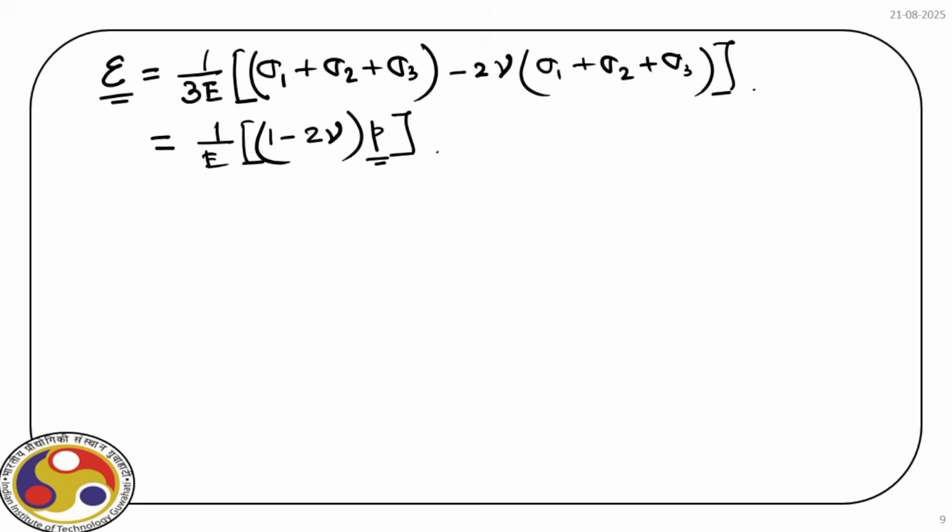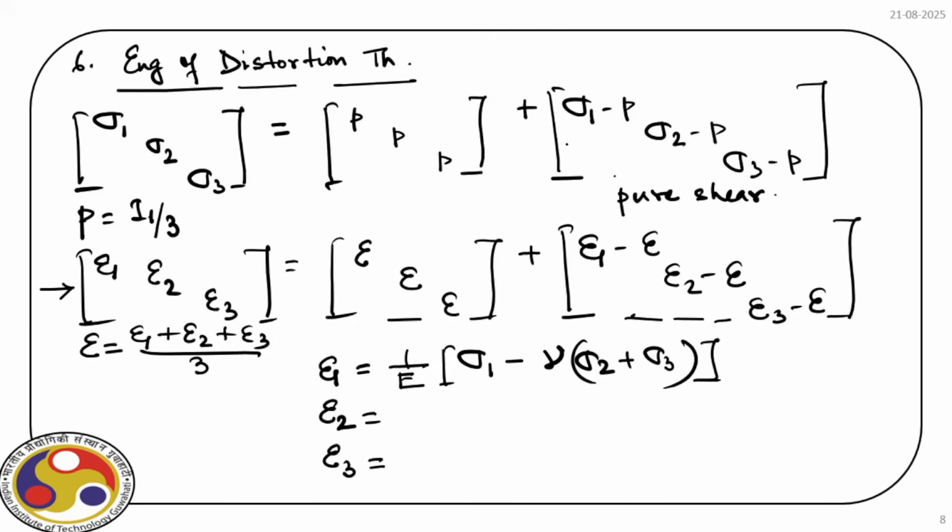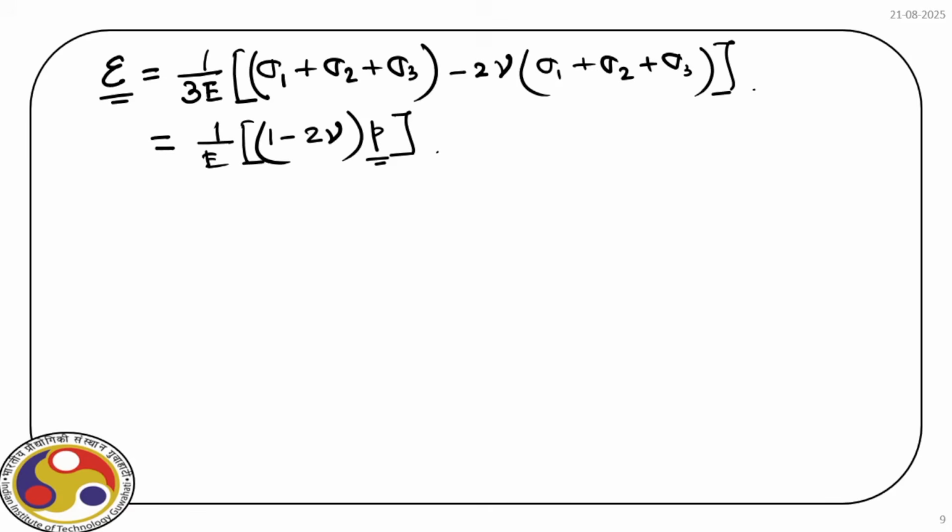Now, if you look at this expression and just consider the first part, we can find out the work done, say W1, this 1 stands for the first part. So it is half times stress P, and then strain is epsilon.